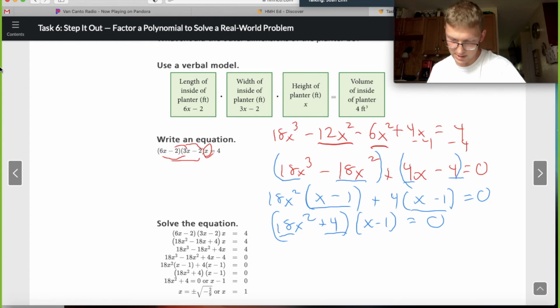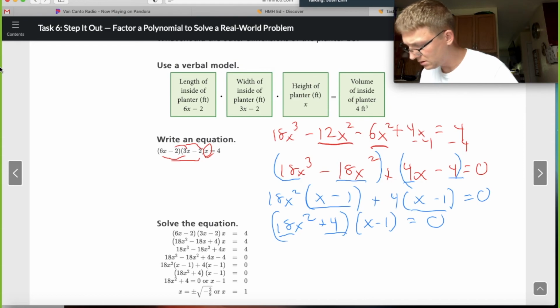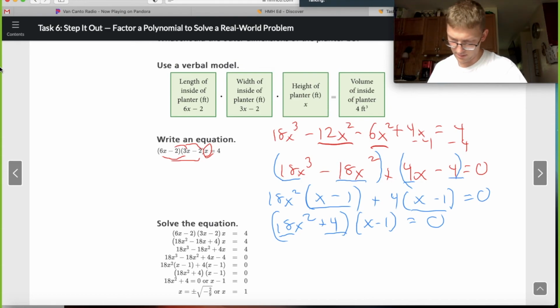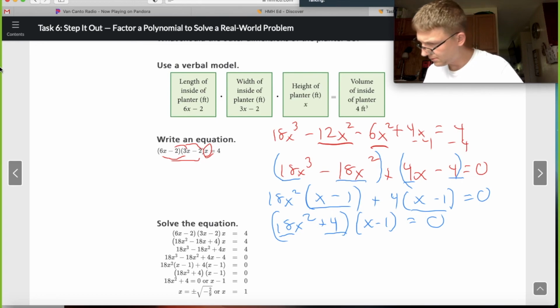Let's see here, is 18 a perfect square? I don't think it is. Here I was so excited that we were going to have the perfect square. 18... Yeah, I don't think it is a perfect square.